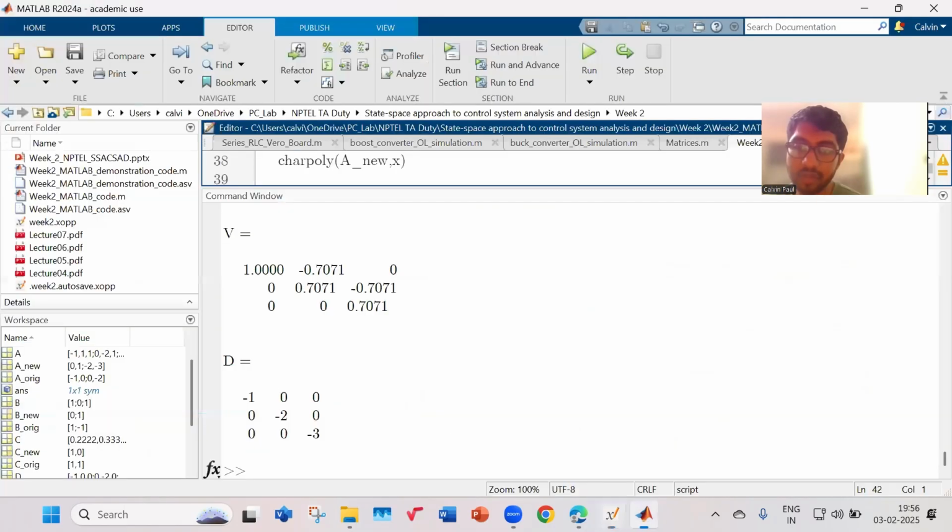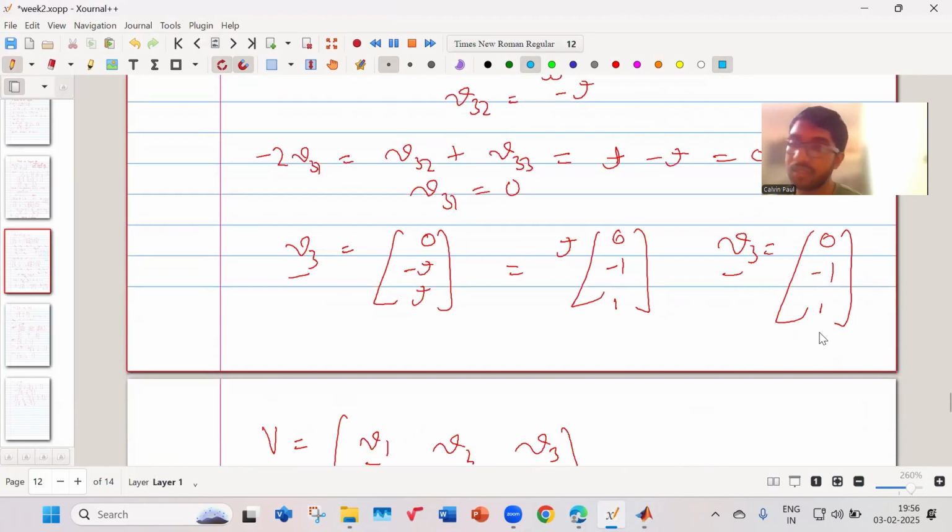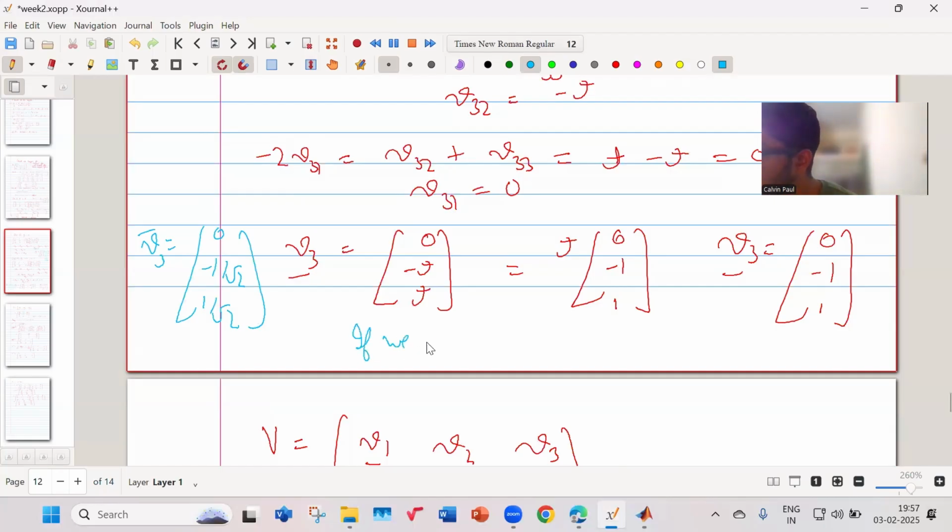Similarly, they got V3 bar as 0, minus 1 by root 2, 1 by root 2. What we got as V3 bar is 0 minus 1 1. So could we have got their value? We could have, if we had put t equal to 1 by root 2, then we would have got V3 bar as 0, minus 1 by root 2, 1 by root 2.